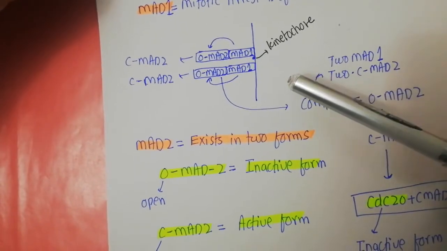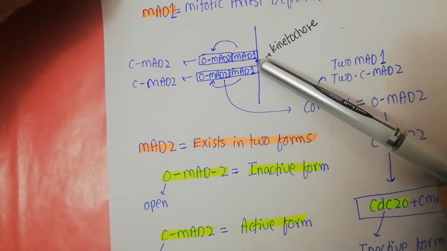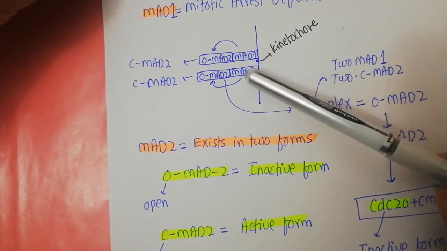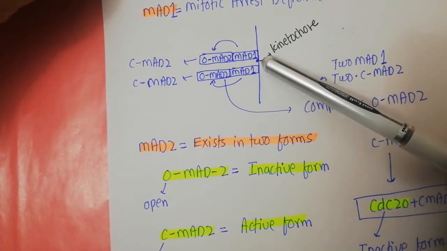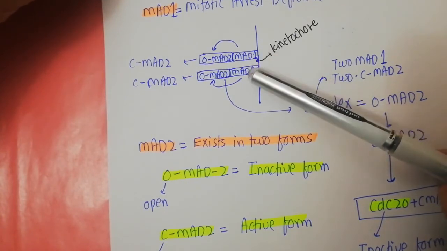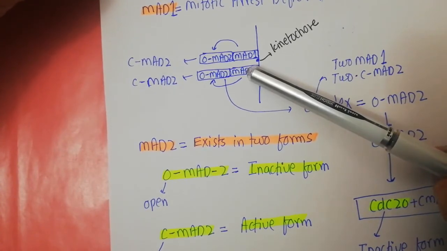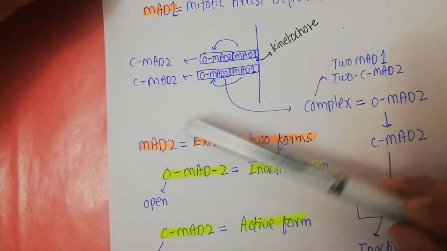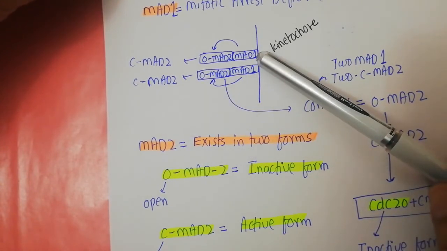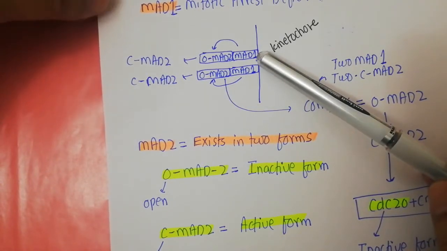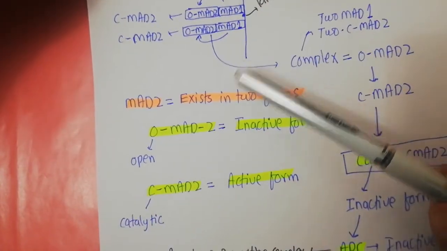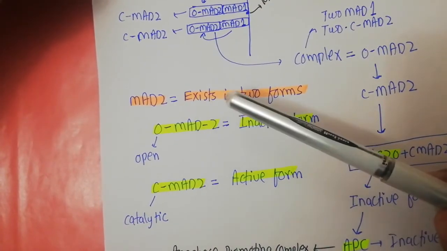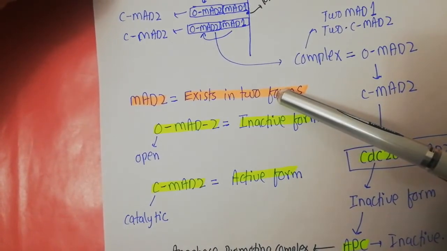Now, if you look at this unattached kinetochore over here, 2 MAD1 proteins are going to attach over here. So these 2 MAD1 proteins are going to recruit another MAD protein, which is known as the MAD2 protein, to the unattached kinetochore. Now let us discuss this MAD2 first. This MAD2 protein exists in 2 forms.